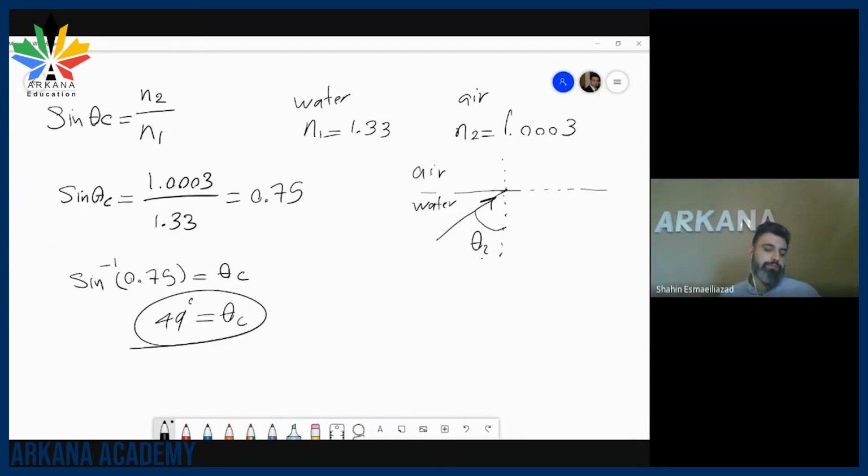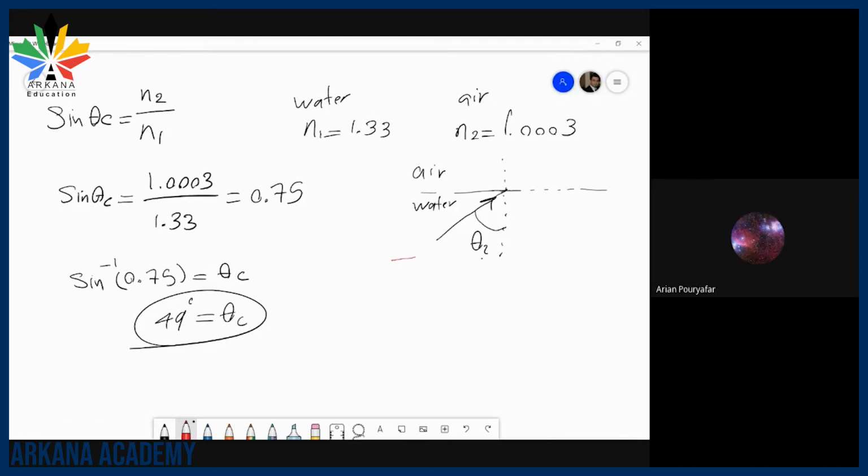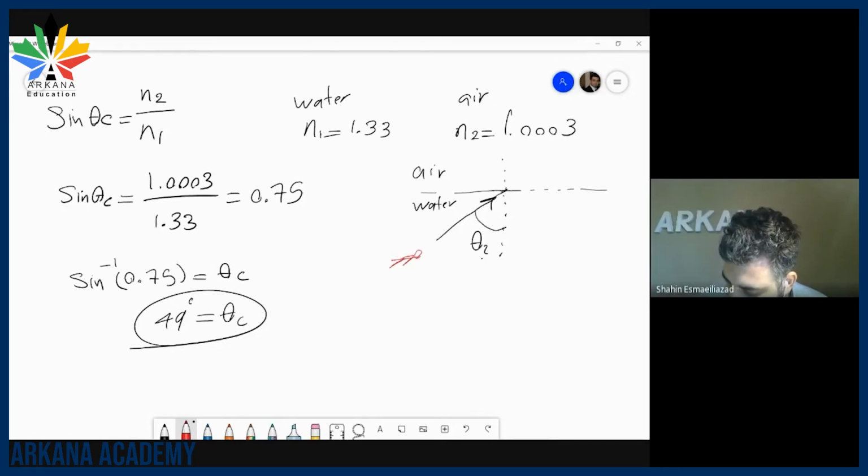So this is our critical angle. Let's say someone is swimming here and trying to send a signal with a flashlight, and the signal, whether a radio wave, water wave, or light ray, has an angle of incidence equal to 50 degrees.